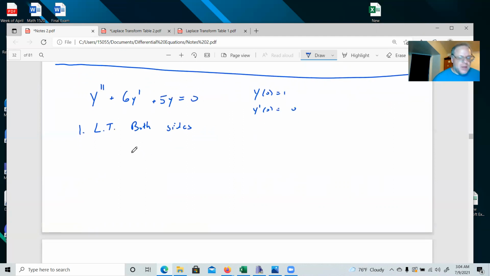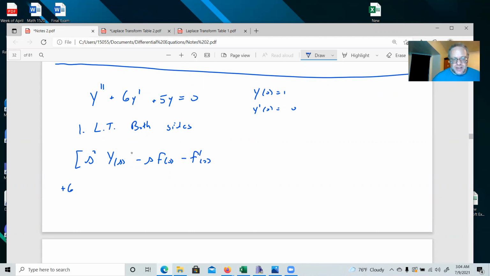So what are we going to have? We're going to have s squared Y of s minus s times y of 0 minus y prime of 0. That takes care of this part.